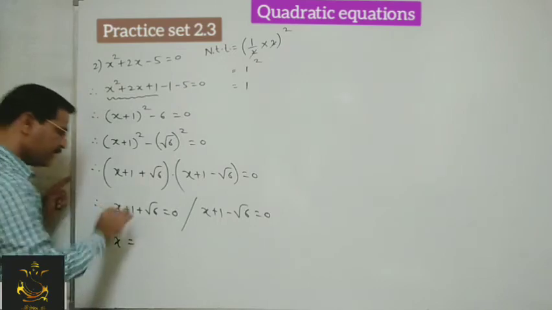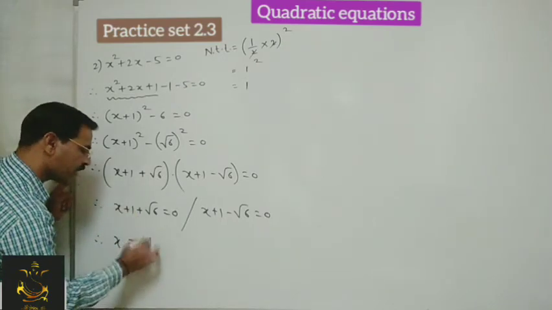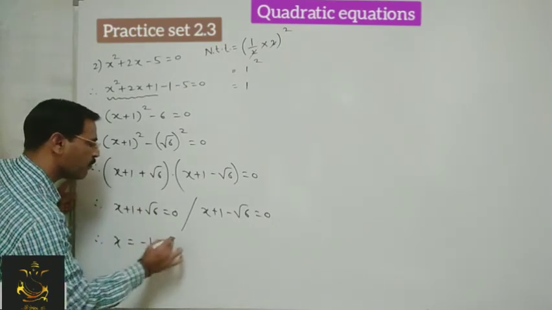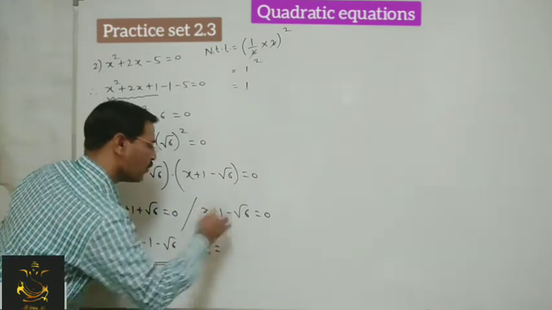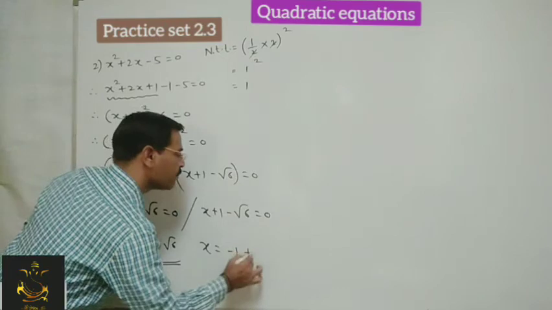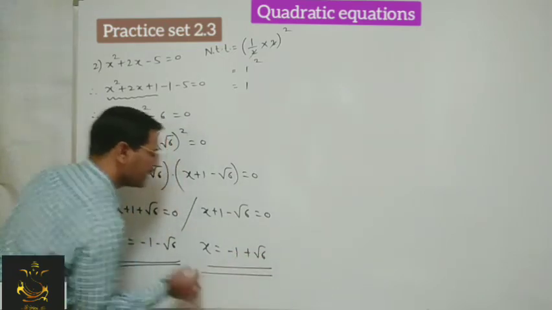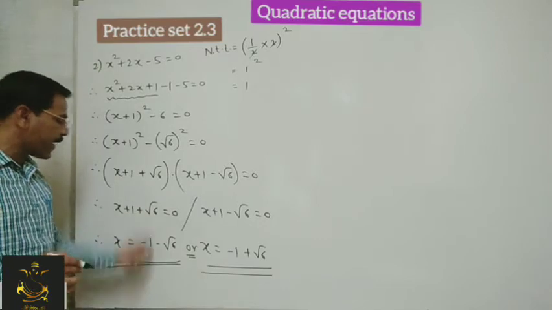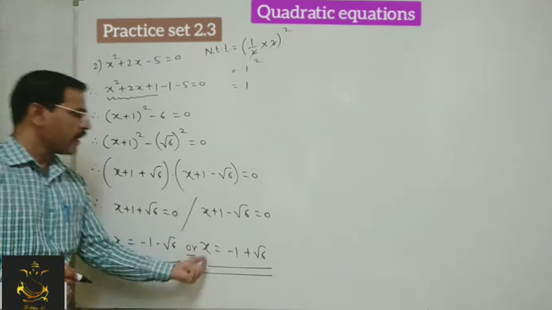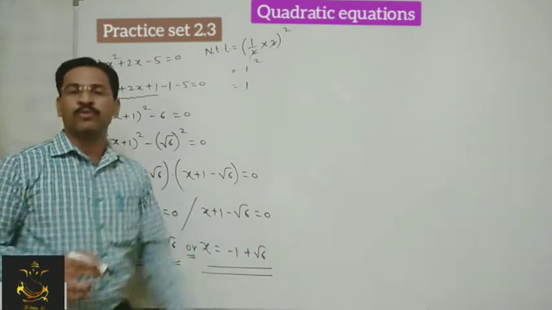What do we find here? This plus 1 goes to that side as minus 1, and here it is also minus root 6. And this side x equal to minus 1, and that one is plus root 6. Here these are the roots. X equal to minus 1 minus root 6 and x equal to minus 1 plus root 6.